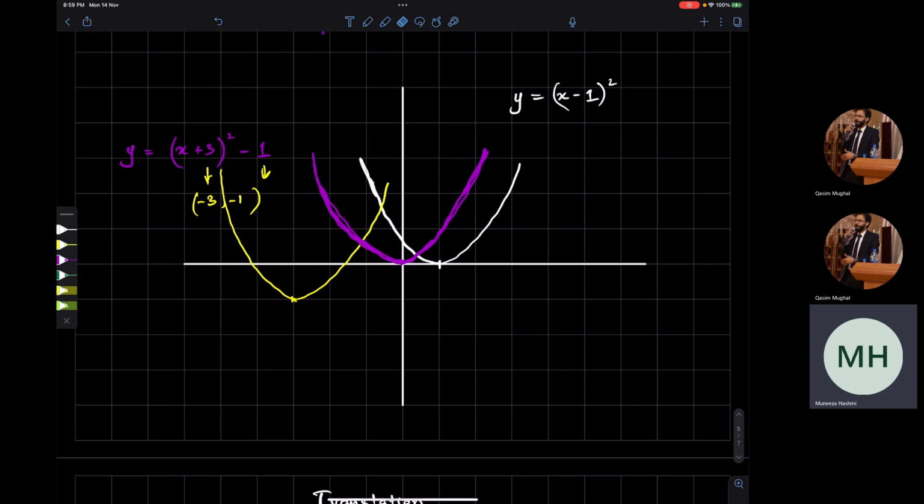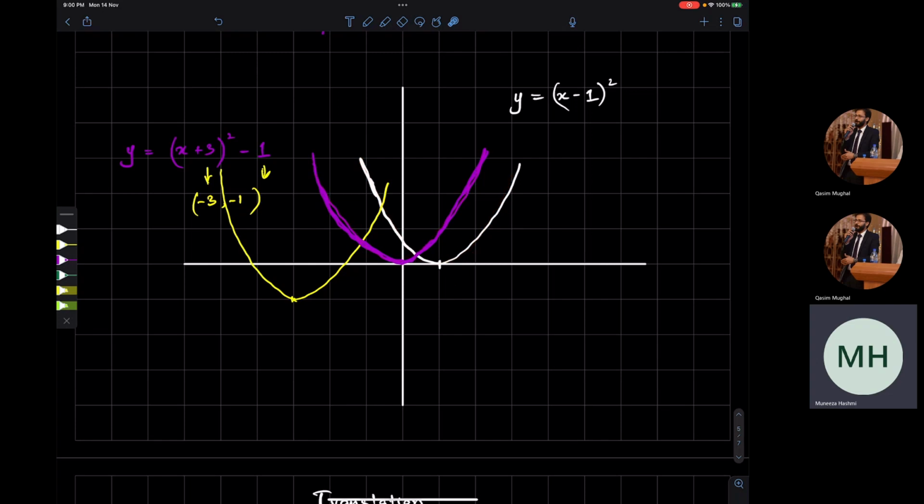This is the graph of y equals x squared, the purple one, isn't it? Yes. This white curve over here is the same purple curve, but shifted towards the right by 1 unit, isn't it? Yes. Now what happened to the equation y equals x squared? How can you compare the equation of this white curve with the purple curve?